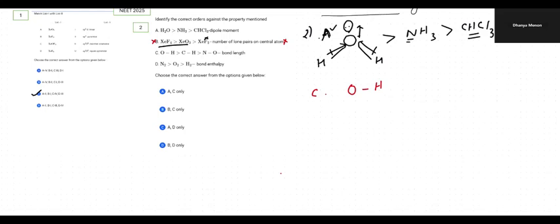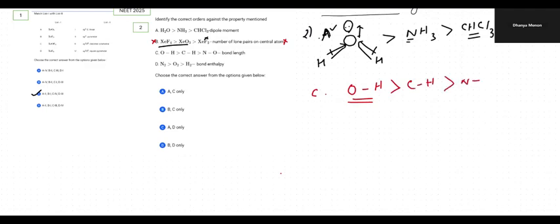Oxygen is a very small atom, and the electronegativity difference between oxygen and hydrogen is more. So definitely the OH bond length will be lesser. Okay, this is the statement that is given.